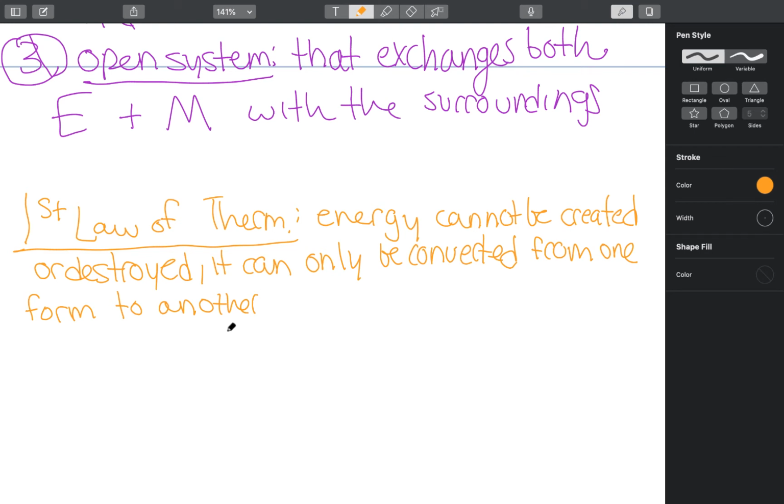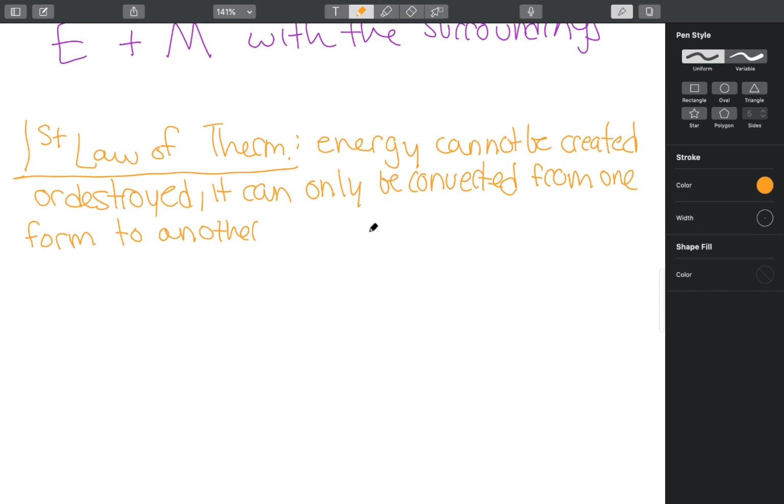So for example, if you have a ton of kinetic energy, that kinetic energy is not going to be lost as the object slows down. That kinetic energy could be converted into heat or potential energy or other things. So energy is just interconverting between forms. And this first law of thermodynamics is stated with this equation.